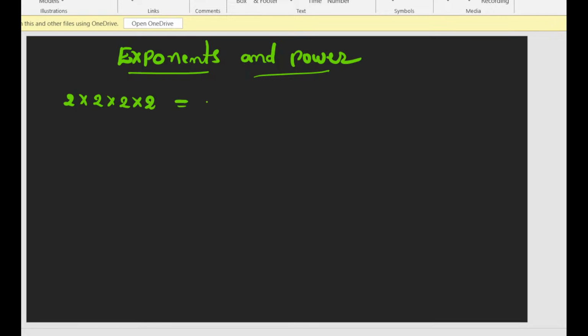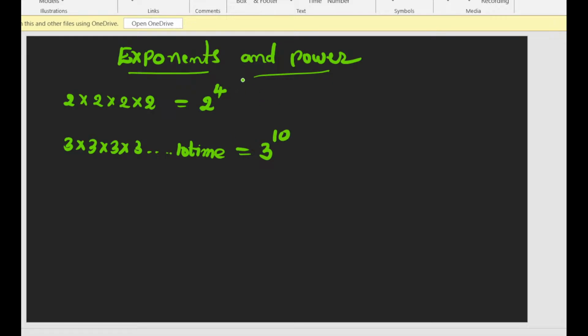This one we can write as 2 power 4. If you are writing 3 into 3, 10 times, we can write 3 power 10.